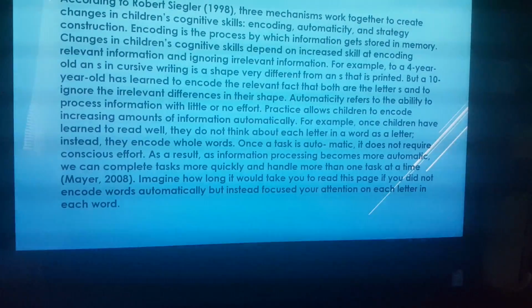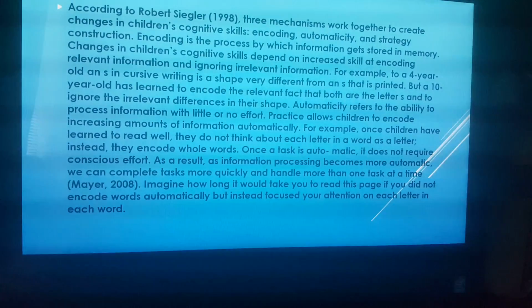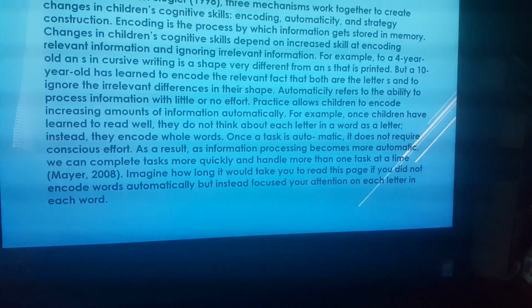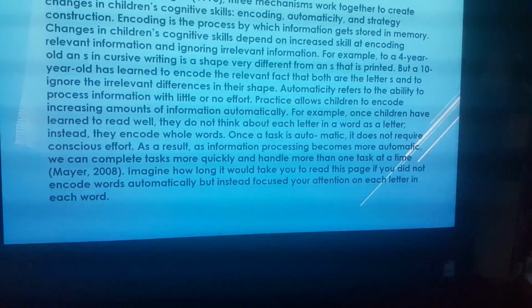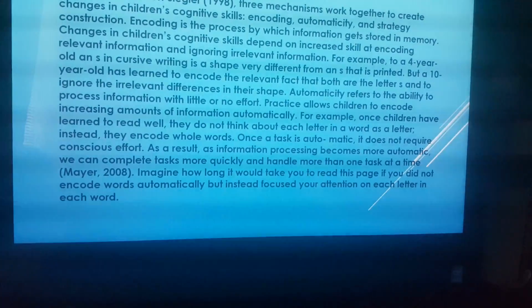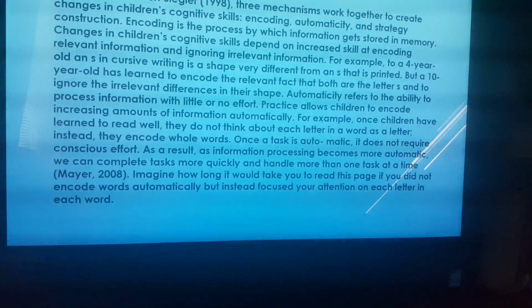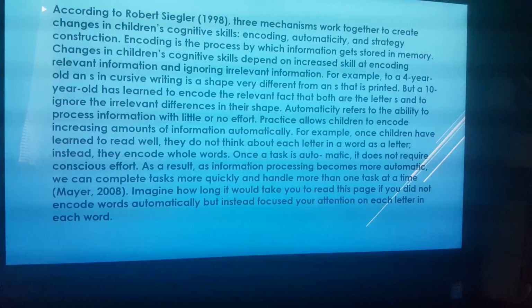For example, a 4-year-old's cursive writing is a shape very different from the print, but a 10-year-old has learned to encode the relevant fact that both are the letter S and to ignore the irrelevant differences in their shape.